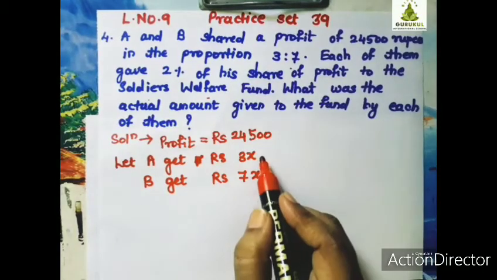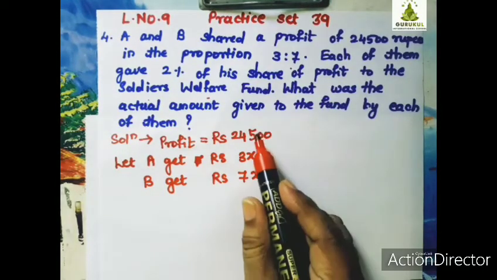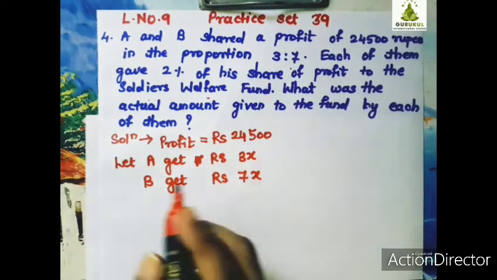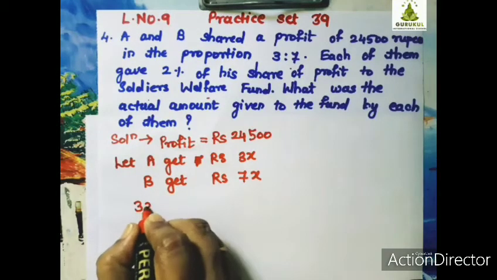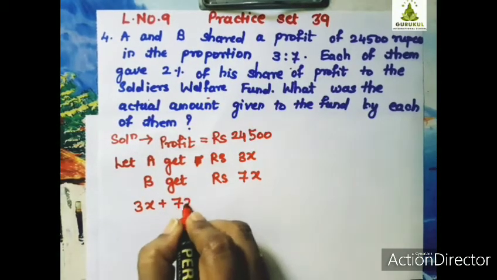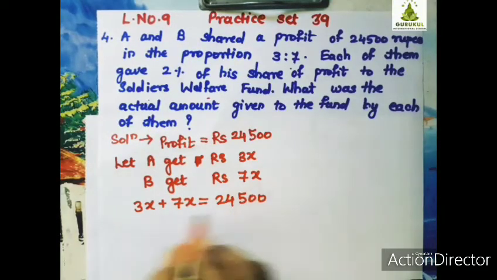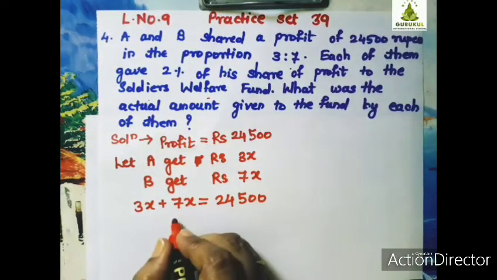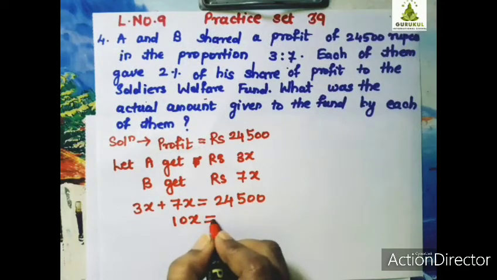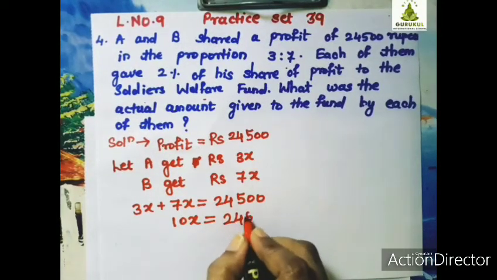Okay, so this 3x plus 7x is equal to 24,500. So we'll write here 3x plus 7x is equal to 24,500. 3x plus 7x will be 10x is equal to 24,500.